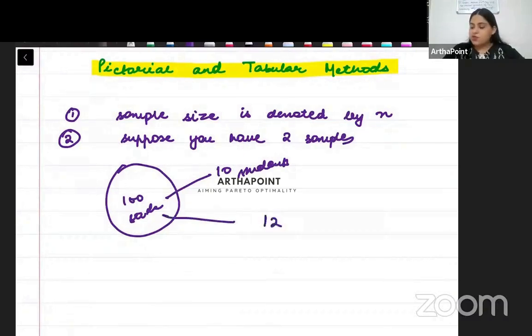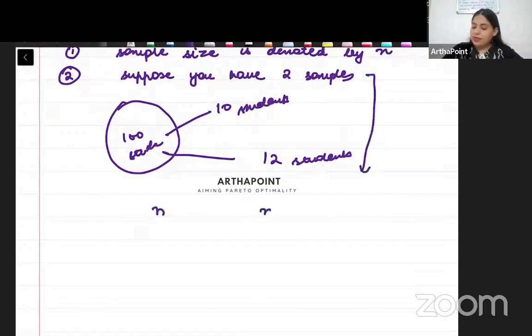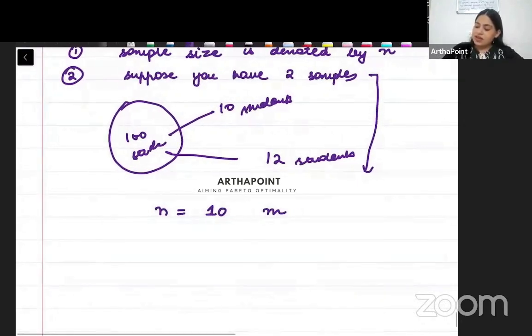So I collect a 12 student sample. So from the same population, you are collecting two samples. So when you collect two samples, then you will use n and m. So I will have my first sample size as 10 and second as 12. So two samples denote their size by n and m.